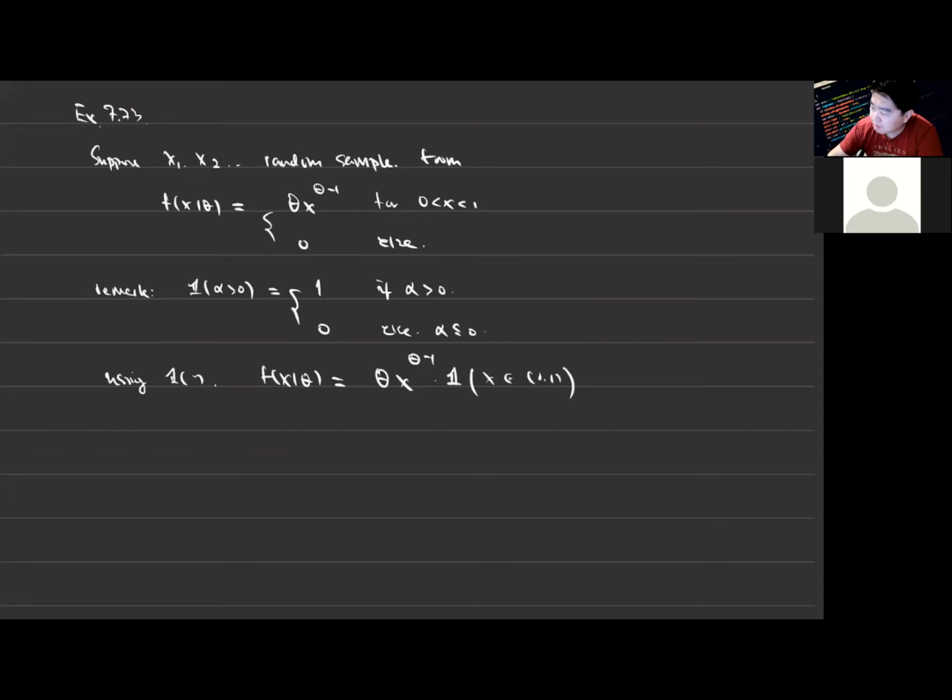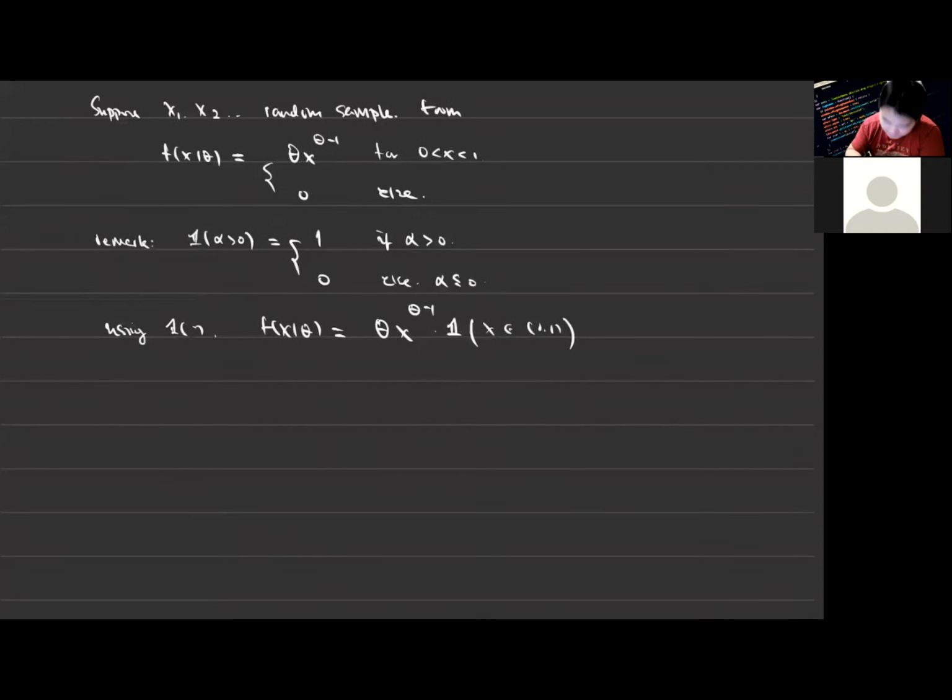Sometimes people get confused because the first line of the answer says, show something is sufficient statistics, and then the question says, find sufficient statistics.